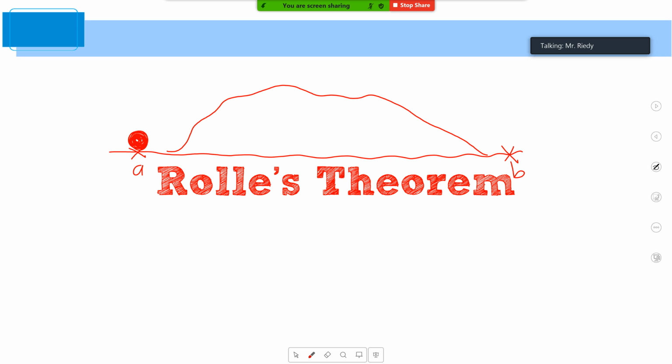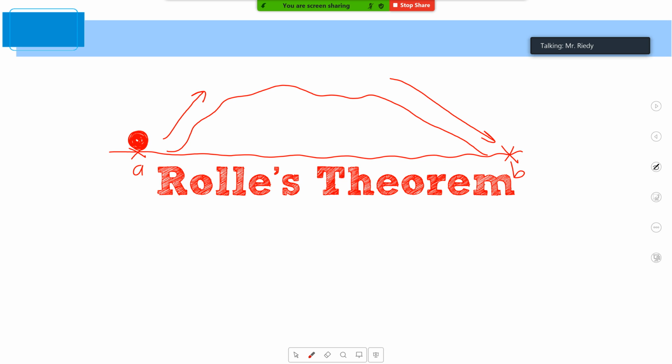Any confusion so far on the setup? We're good? Okay. So here's the concept. If I roll that boulder up the hill and then back down to B, and it's important that they're both at the same level, does it not make sense that at some point in time I'm going to hit the top of the hill?